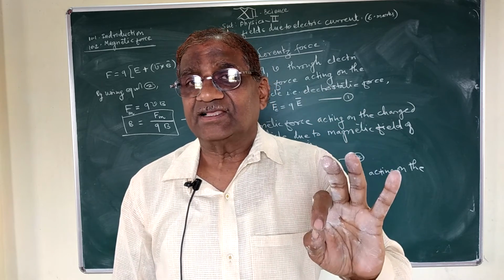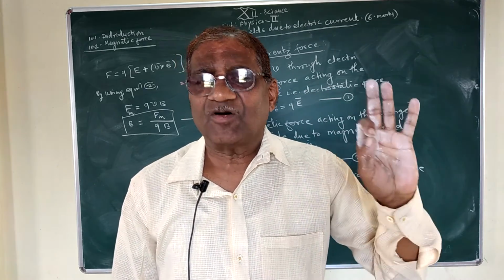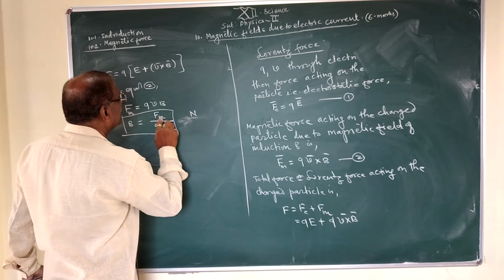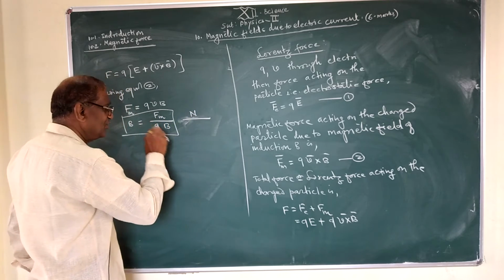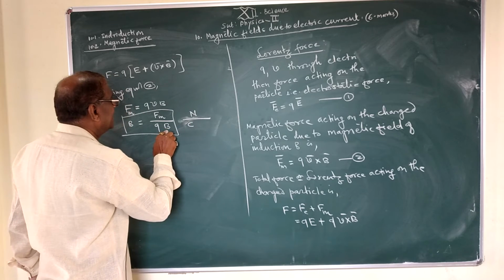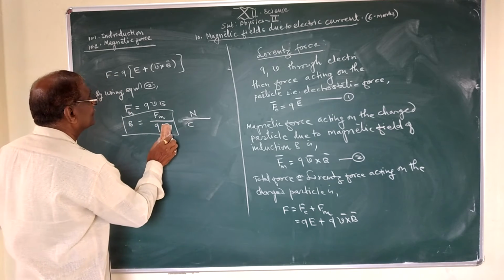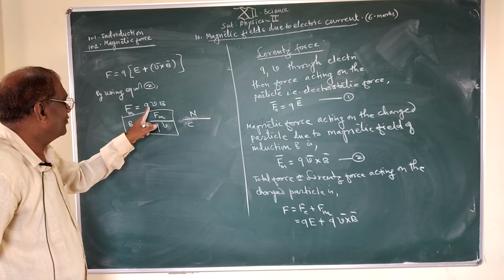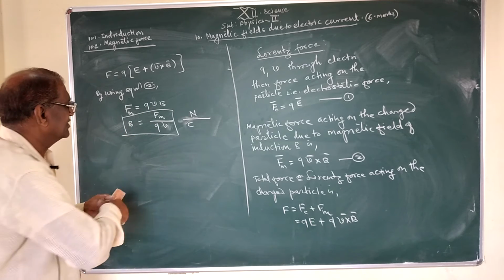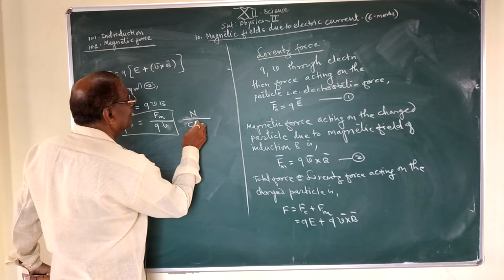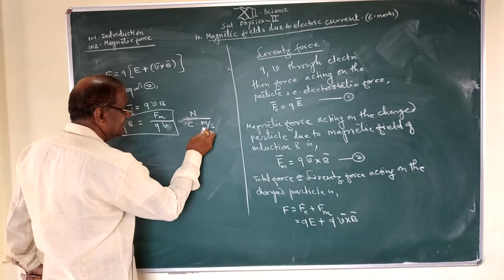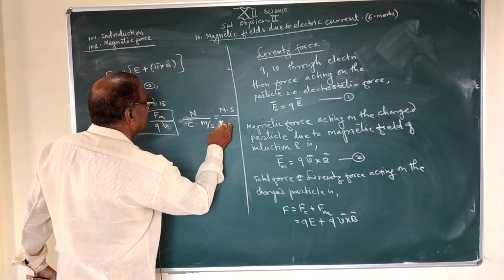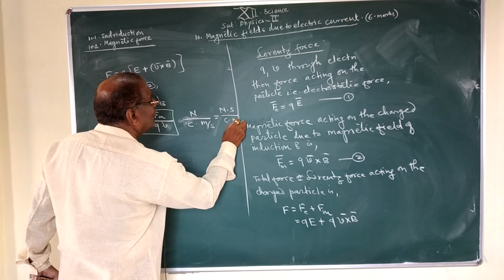From this formula, force is measured in Newton, charge in Coulomb, and velocity in meter per second: Fm upon Q into V, which is Newton per Coulomb meter per second, equal to Newton second upon Coulomb meter.